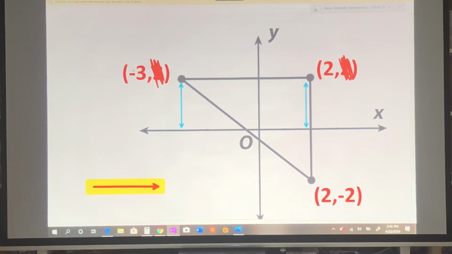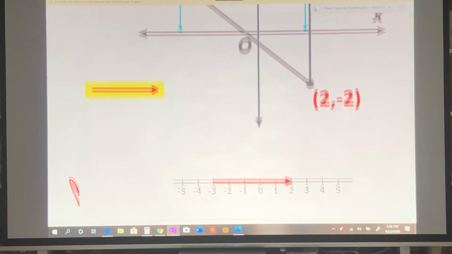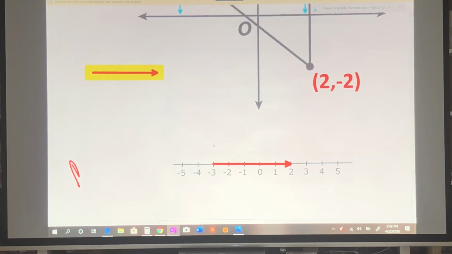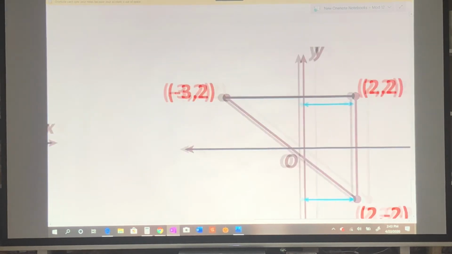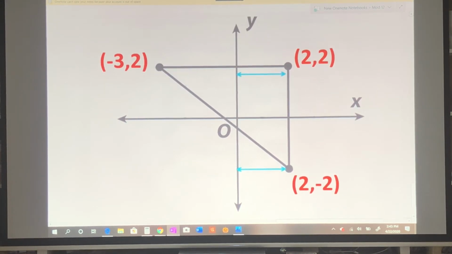From -3 to +2, if I were on a number line, wouldn't I go +1, +2, +3, +4, +5? Yep. So I would call this side 5.